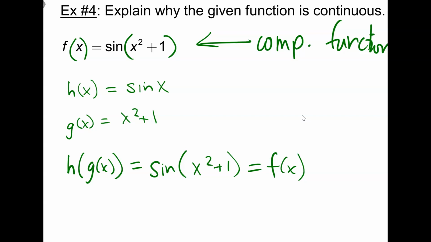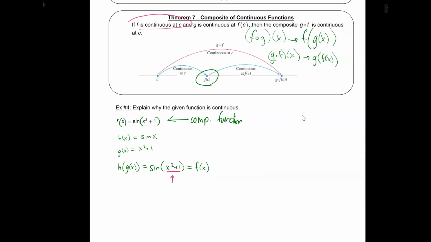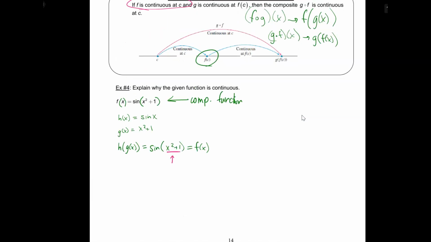Okay, let's think about what we just said with theorem 7, composite of continuous functions. We said if the inside function is continuous at c, so is my inside function continuous? Yeah. From up above, this is my inside function. It's always continuous. X squared plus 1 is a parabola.